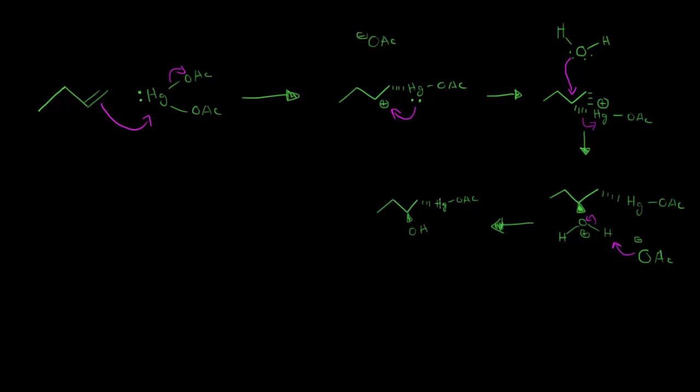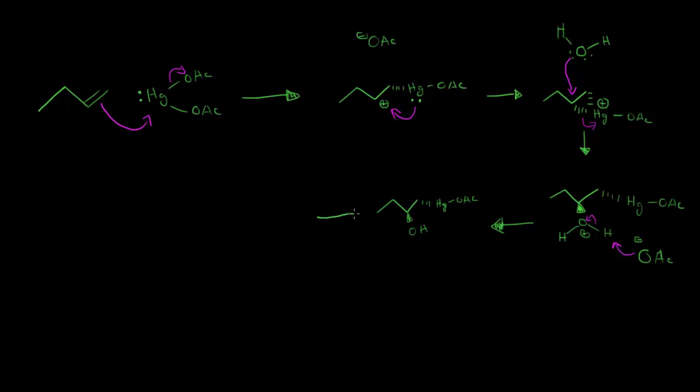So now we have finally added the OH group on the more substituted area of the double bond, which was here. So now it is here. Now the only thing left to do is to remove this Hg-OAc group.